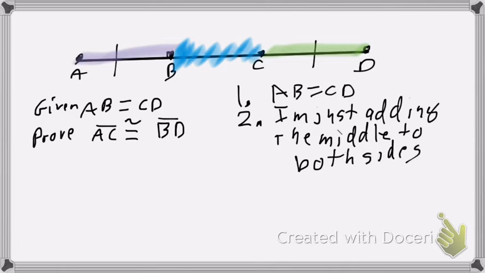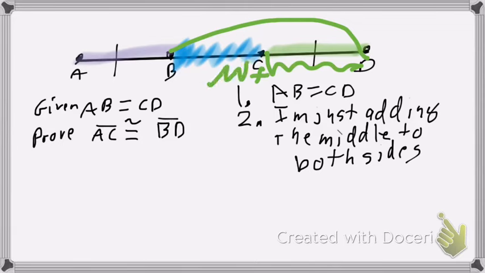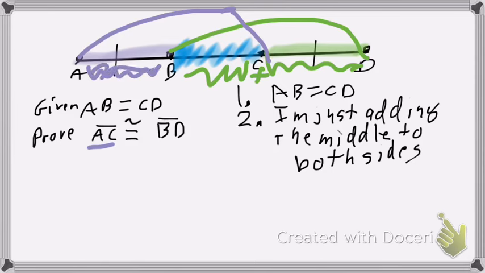Because if I'm looking at B to D, notice that what that is, that C to D right there plus B to C. Likewise, if I'm looking at A to C right there, then that's simply this area right there, A to B, plus B to C.